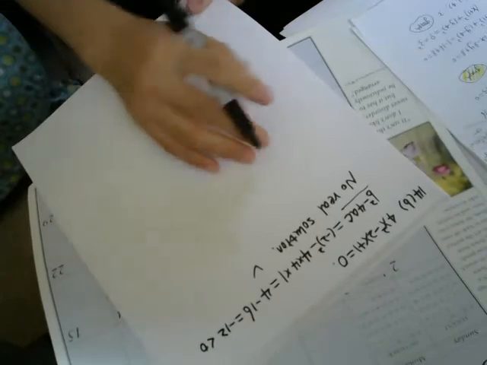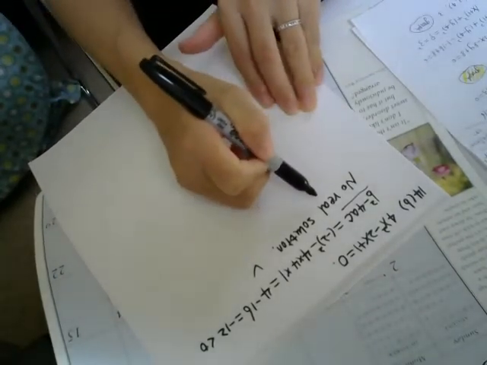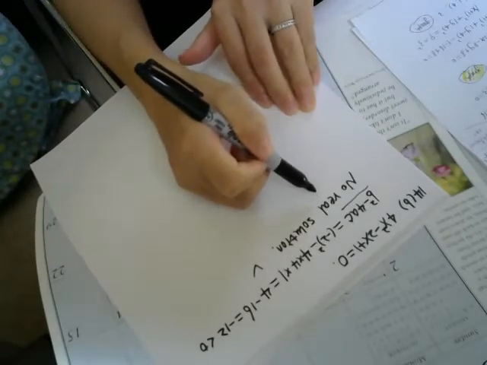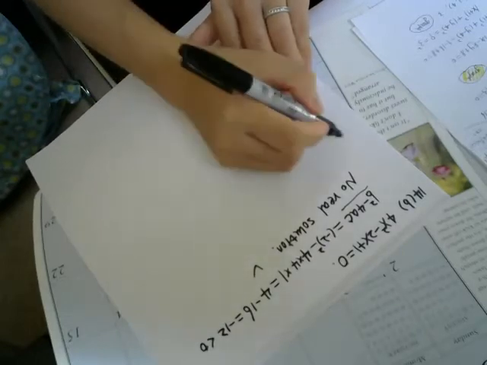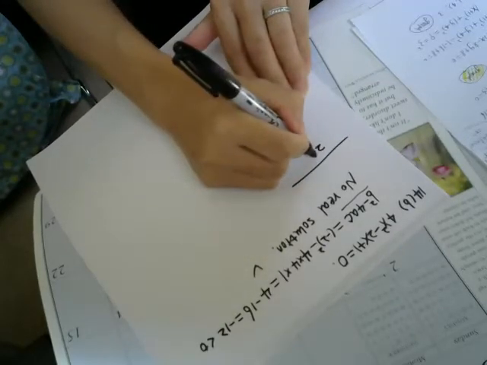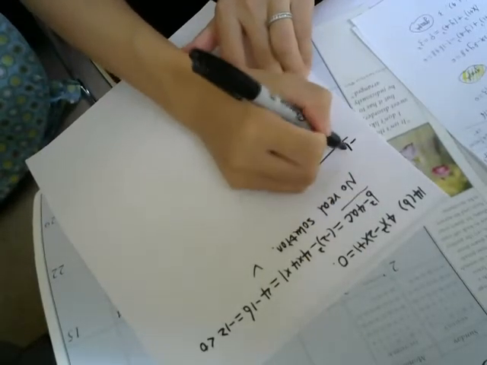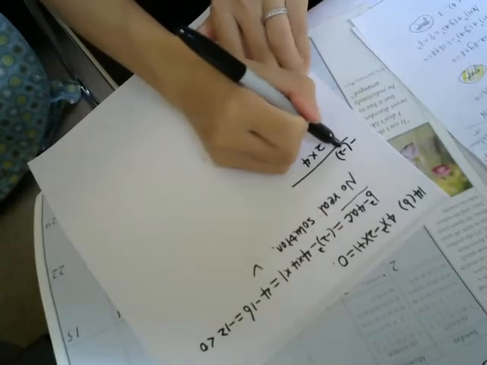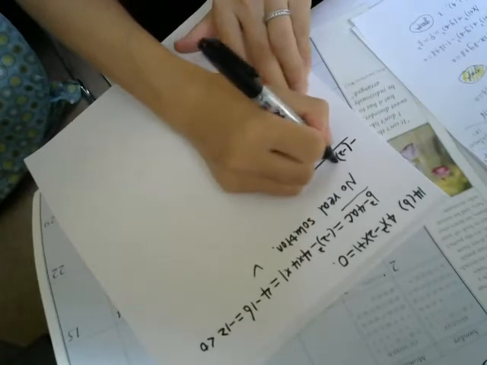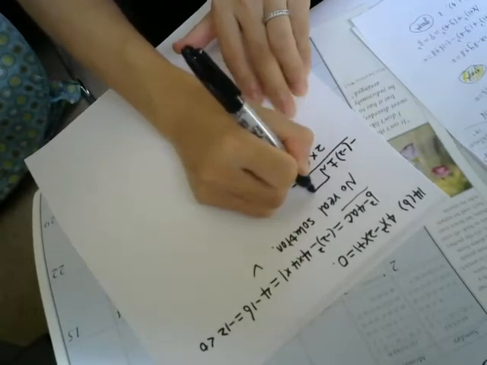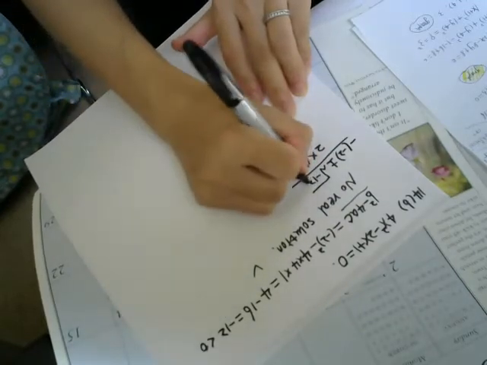And some students continued, saying no real solution, but has imaginary solutions. Let's use the quadratic formula to solve that. So the formula tells us 2 times a, which is 4. Negative b is negative 2. Remember, negative b in this case is negative 2, so we have two negative signs here. Plus or minus the square root of the discriminant. Since I solved this already, I will just copy the negative 12 here.